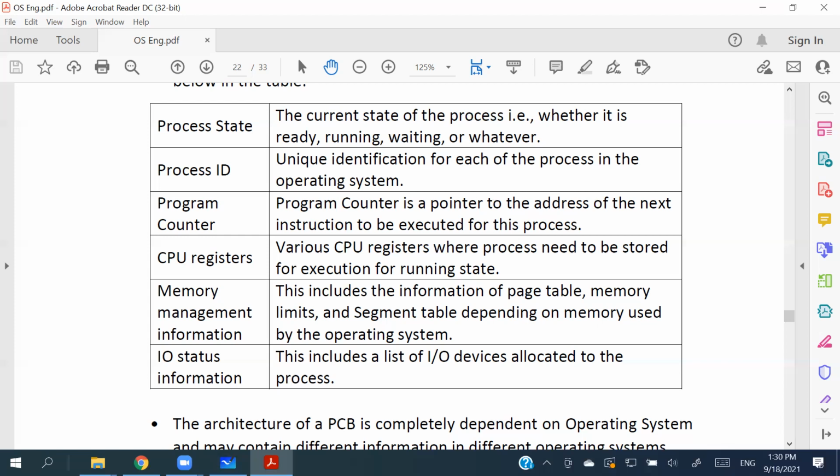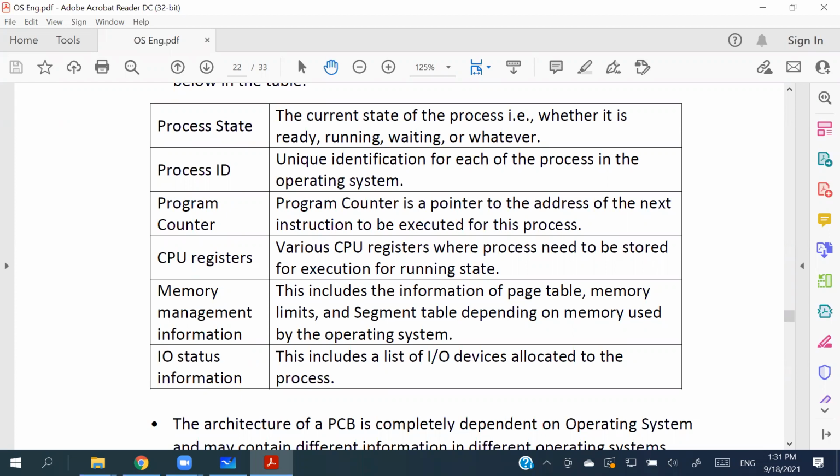So the program counter keeps track of the instruction which needs to be executed next. The PC holds the detail about the instruction to be executed next. So the process control block looks at the PC and updates the PCB with what is going to happen next.